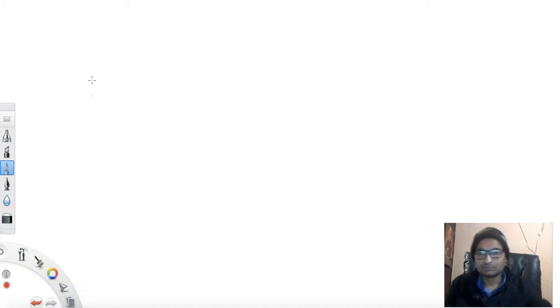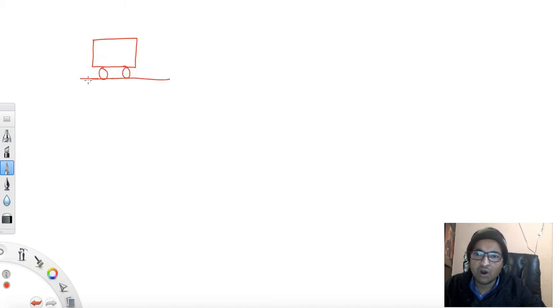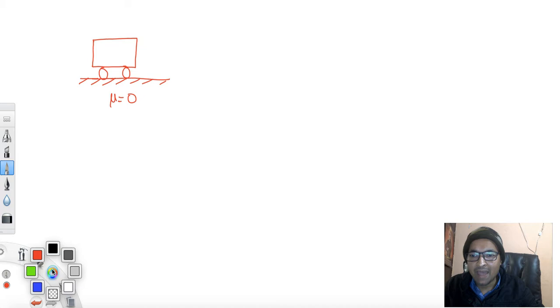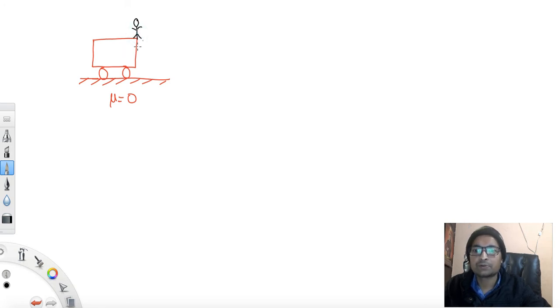So here, this is a cart. This problem consists of a cart which rests on a smooth surface so that mu is equal to 0, and a man is standing on one of the edges of the cart.